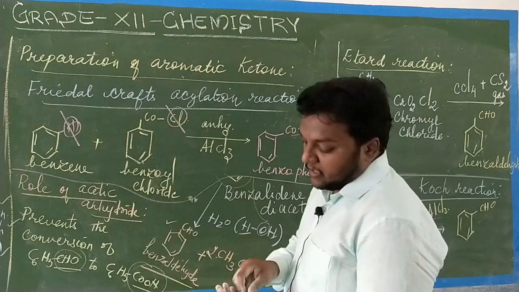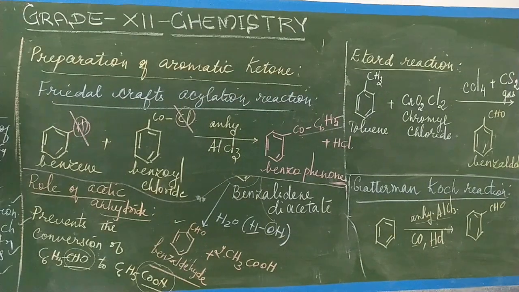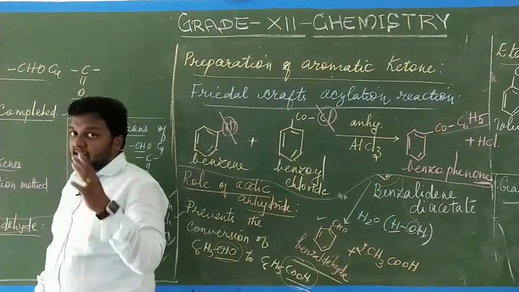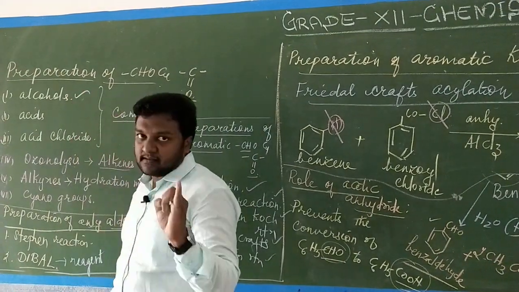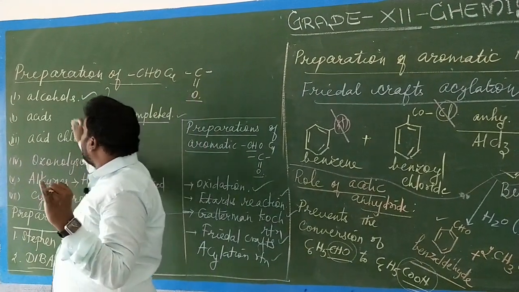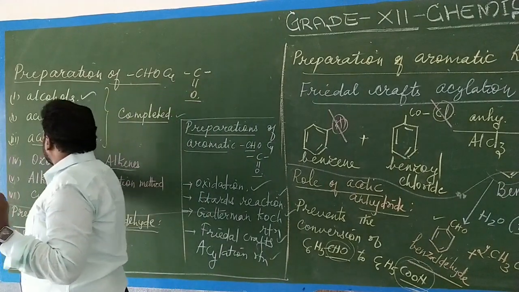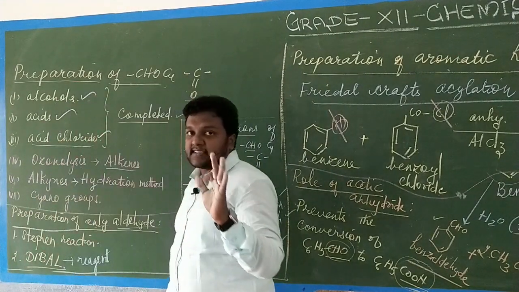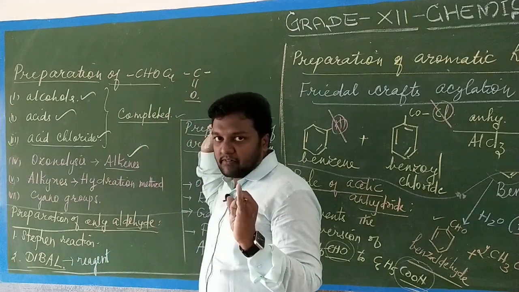So we will check now what reactions we have covered so far. Preparation of aldehydes and ketones, we will recapitulate. From alcohols we have already prepared aldehydes and ketones, and from acids and acid chlorides we did yesterday. Today the ozonolysis reaction, the hydration of alkenes, and the preparation from the cyano group are on the board.